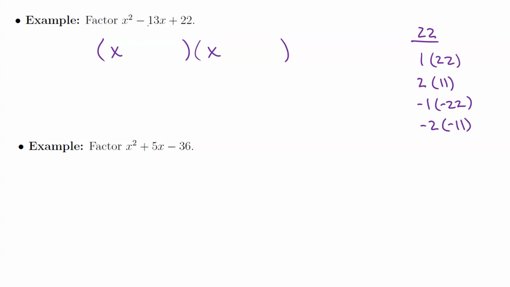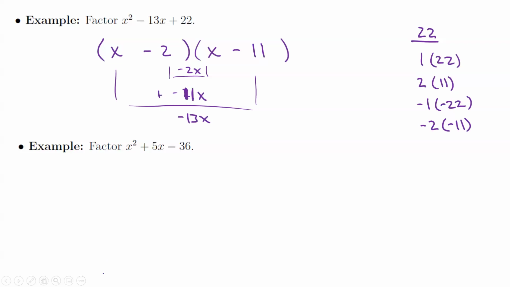And so since we're trying to create a negative middle term, then the -2 and -11 are definitely the right choice because the outside plus the inside definitely equals -13x.